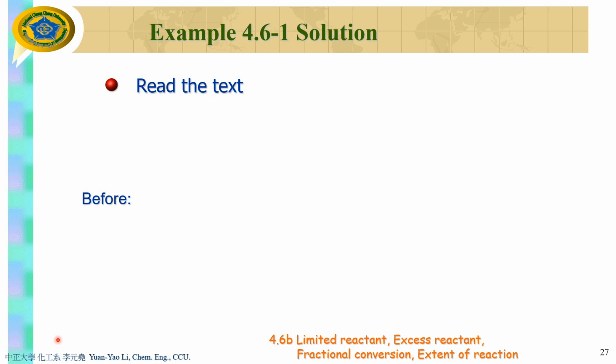The primary means of synthesizing acrylonitrile is ammoxidation of propylene. The formula is C3H6 plus ammonia plus oxygen becomes acrylonitrile plus what? H2O. In the second paragraph, the feed to a propylene ammonia oxidation process contains 10% propylene, C3H6, 12% ammonia, and 78% air.